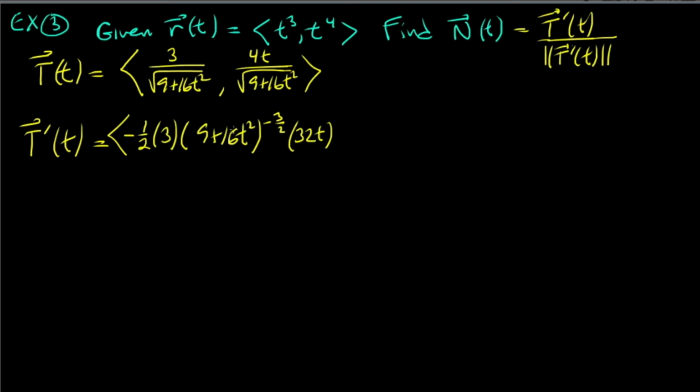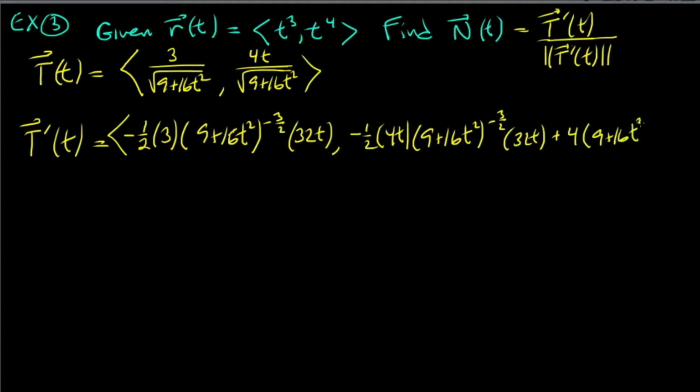I think that's right. And then for the second component, that's even worse because now you have a product rule. So first times the derivative of the second: you're still going to get the negative 1/2 times 4t times 9 plus 16t squared to the negative 3/2 times the 32t, plus, and then the derivative of 4t is just 4, so 4 times 9 plus 16t squared to the negative 1/2.